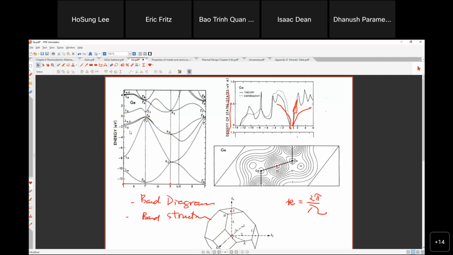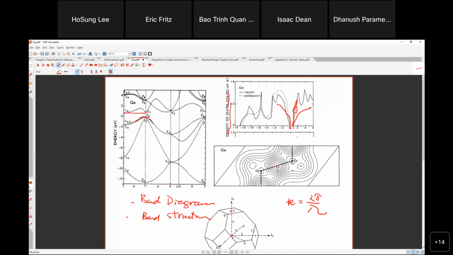If you look carefully, I think that this bottom conduction is something less than that. So this looks like an indirect band gap, not really direct.